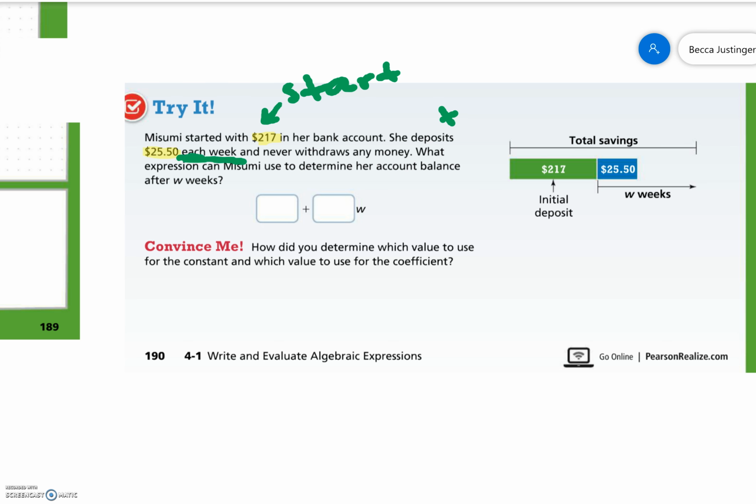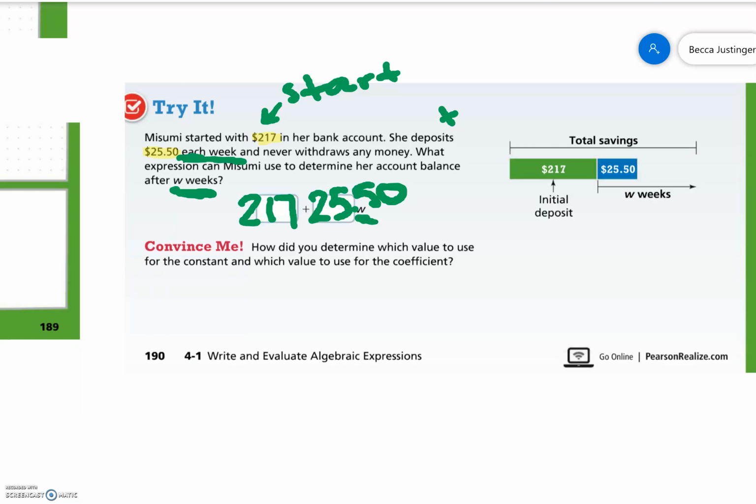What expression can Masumi use to determine her account balance after W weeks? They're telling us W stands for the number of weeks. If it's $25.50 each week, we're going to put $25.50 here and our starting amount here. So 217 plus 25.50 W.